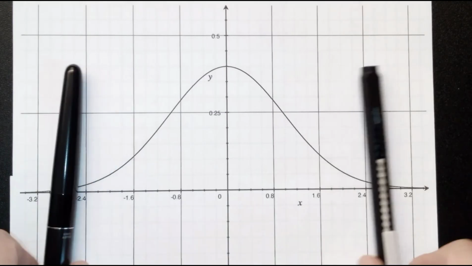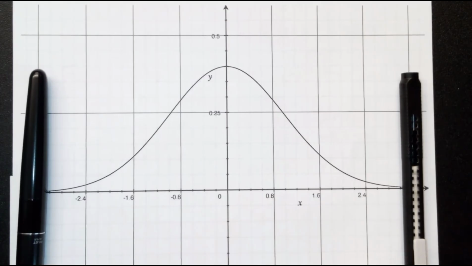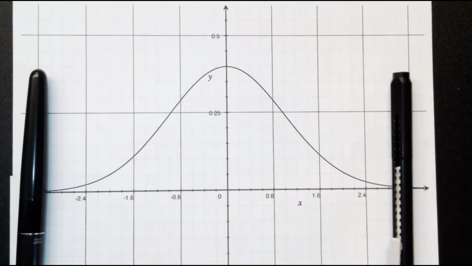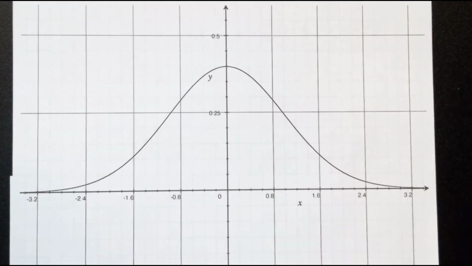If I move out to 3 standard deviations, that's 0.9973, which means outside of 3 standard deviations, that's a very, very tiny amount of area, isn't it? But I can do all of that directly from here, as well as verifying those values out of my table. That's useful.